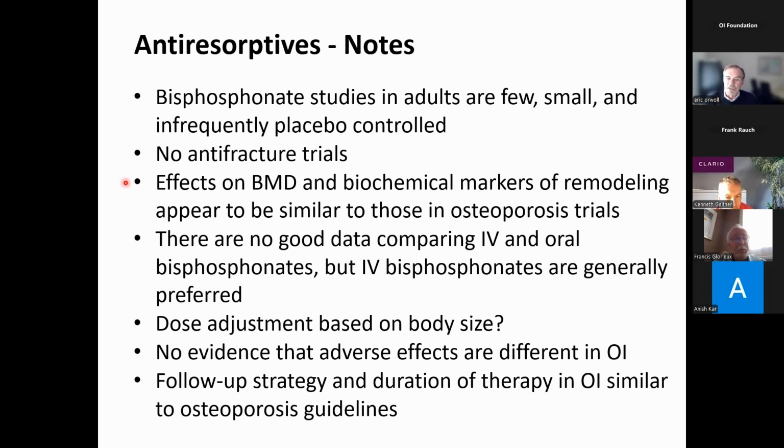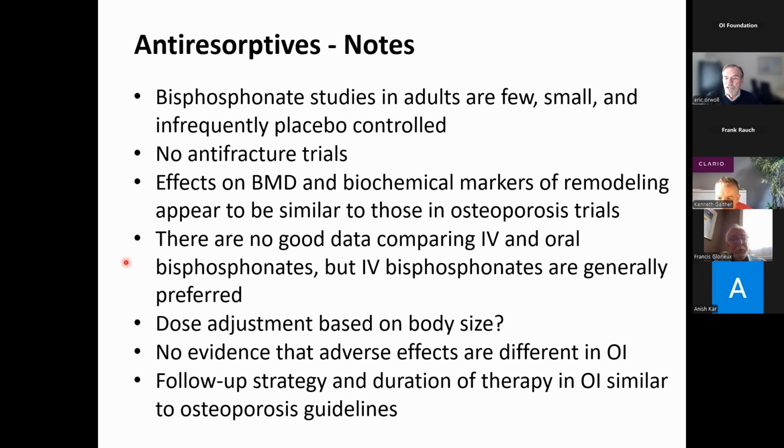The effects of bisphosphonate therapy on bone density and biomarkers of bone remodeling appear to be similar to those in trials of osteoporosis, but again, the evidence available is scanty.